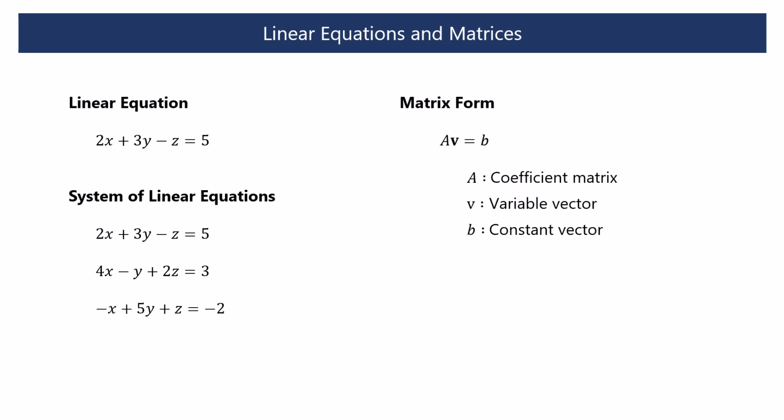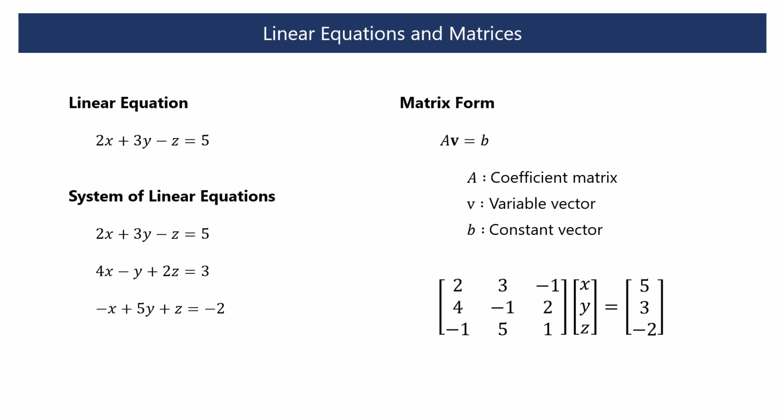Fortunately, we can represent the entire system in a compact form using matrices. Here, A is the coefficient matrix containing the coefficients of the variables. V is the variable vector containing the unknowns x, y, and z. B is the constant vector containing the constants on the right-hand side of the equations.